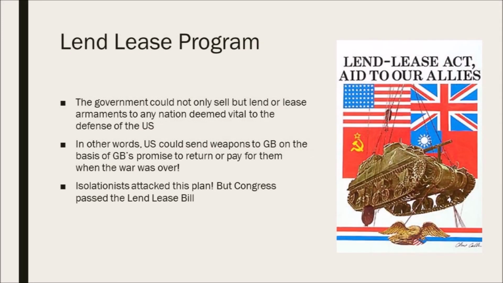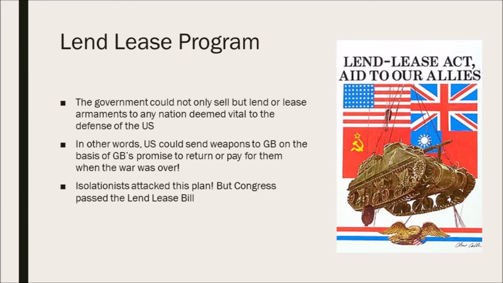The Lend-Lease program completely destroys any pretension of neutrality, okay? So our government could not only sell, but they could also loan, lend or lease arms to any nation that is deemed vital to the defense of the United States.